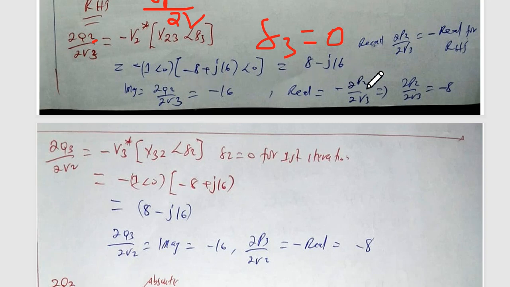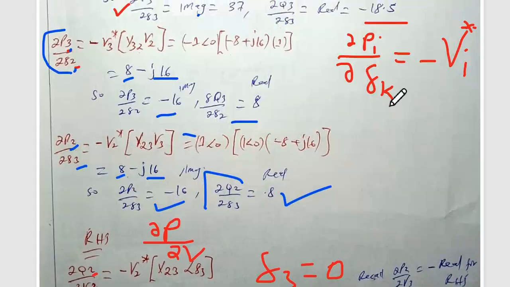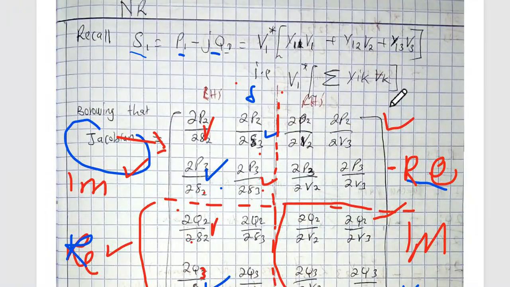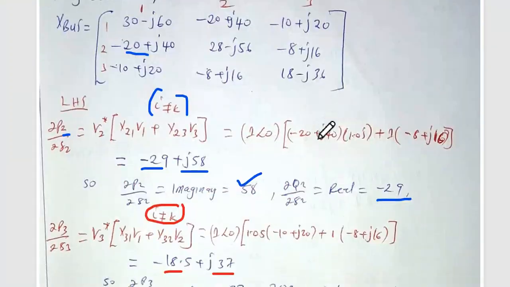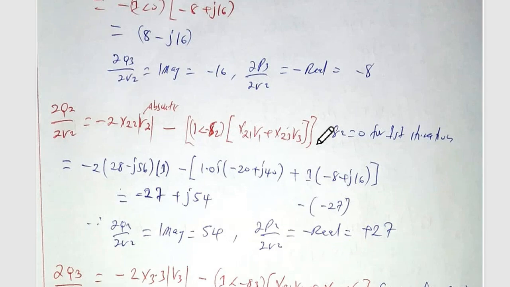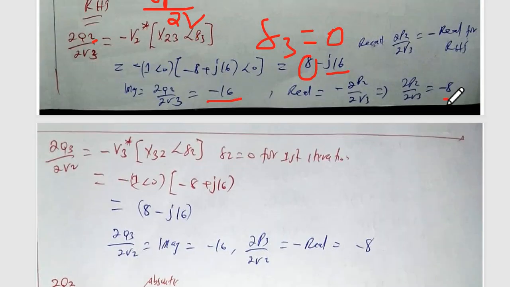It's 8 minus j16, and like we have said, that is imaginary, picked with the sign, negative 16. The real, which is this part, is negative of partial P2 partial V3, which is up there. So you will negate it, because we have said the values here are negative of the real. So we'll have negative 8 here.